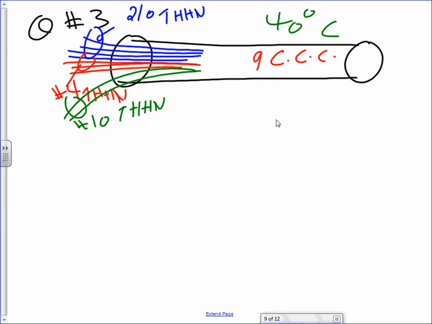Just to identify, all of them are hot conductors, so I have 9 current carrying conductors. The ambient temperature is 40. That's worse. You should not do this. If the ambient temperature is like this, you shouldn't group them together. Did you guys hear me? It's not a good design.